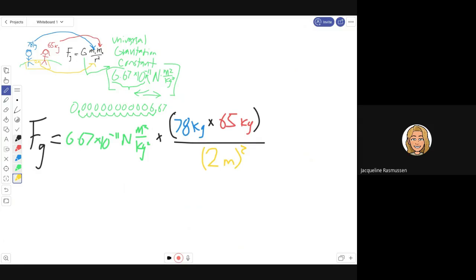So we've got all of our variables plugged in, and now we just need to figure out where to start with order of operations and everything.